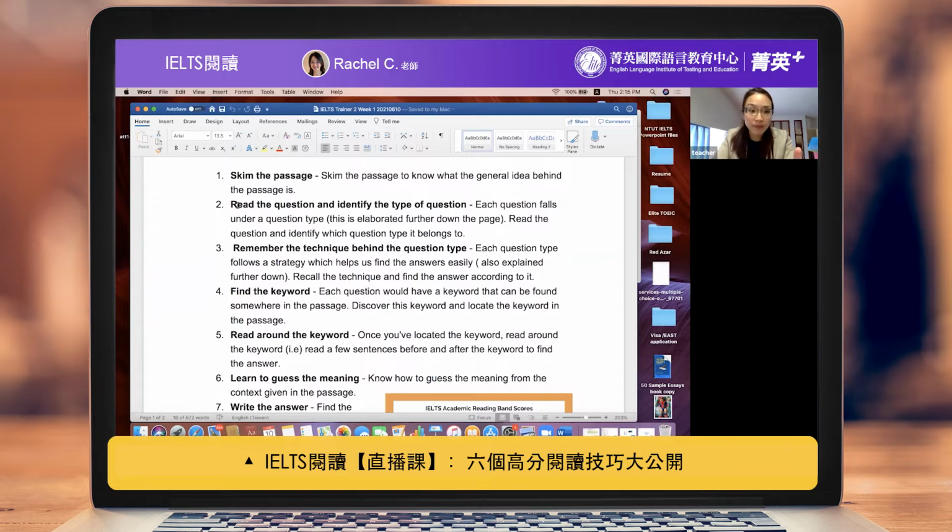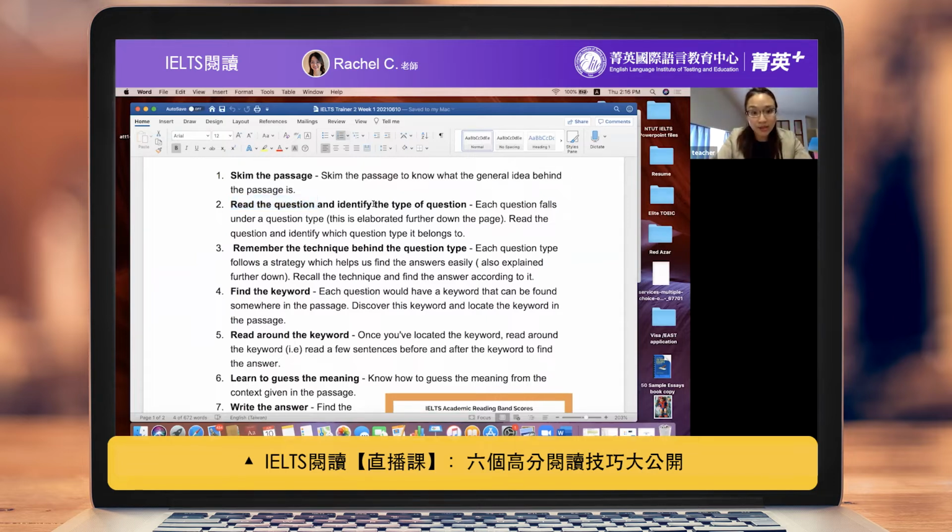Right. The second part here is to read the question and then identify the type of question it might be. For example, if it is true, false, not given, it usually goes in sequence, which means question 1 goes into para 1. And then question 2 goes right after the answer where you located the first question, right?